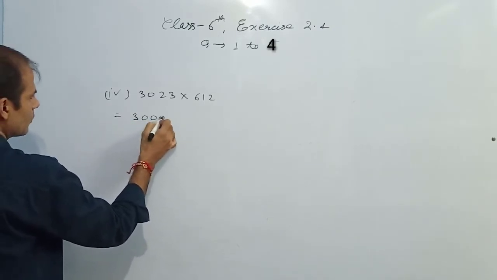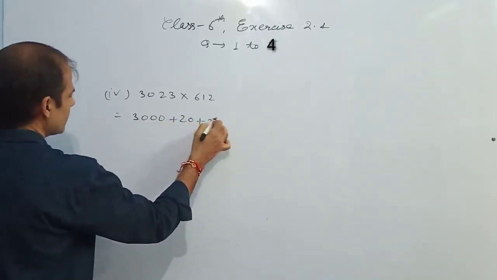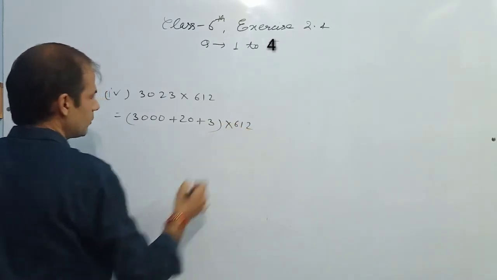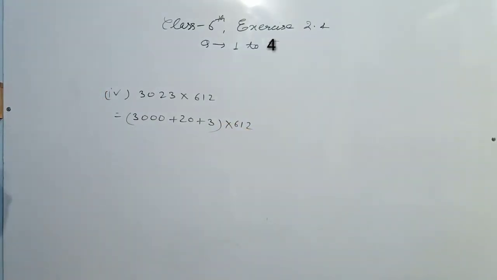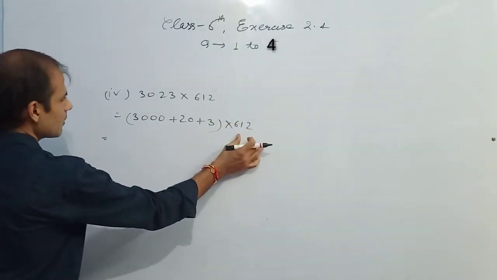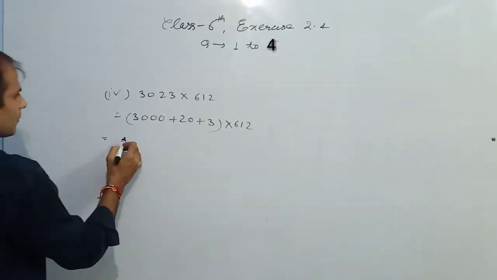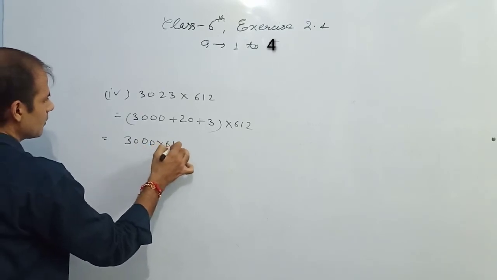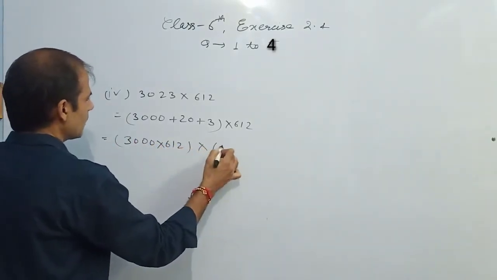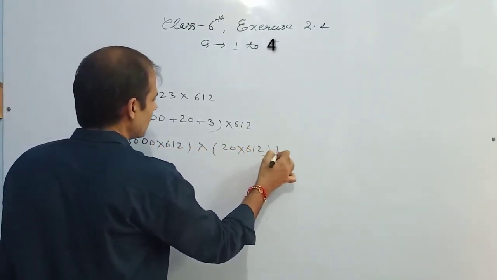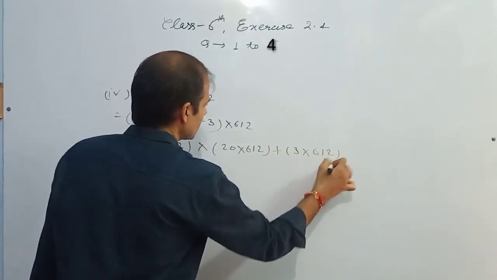It is 3000 plus 20 plus 3 multiplied by 612. Now 612 is multiplied by all these numbers due to the distributive property. 3000 into 612 plus 20 into 612 plus 3 into 612.